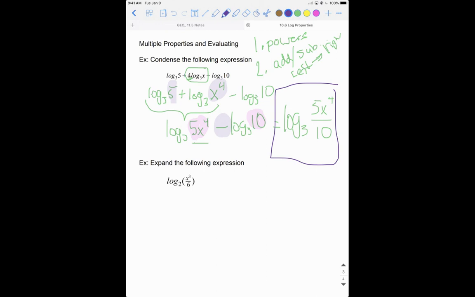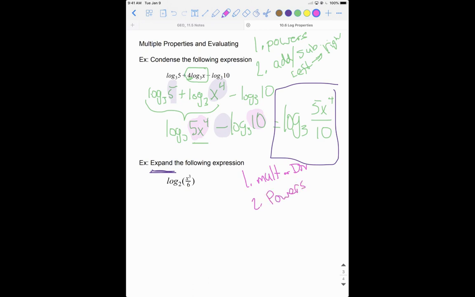All right, so let's look at what happens when we're asked to expand. Expanding, we're kind of doing the opposite of condensing, which means we should go in the opposite order. So first, let's say multiplying and dividing, because we want to look at the multiplication or division, and then we want to look at any powers.